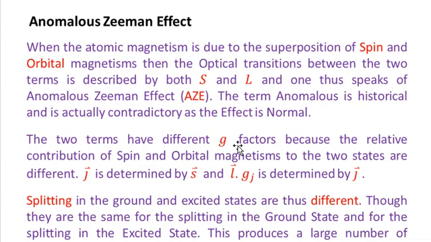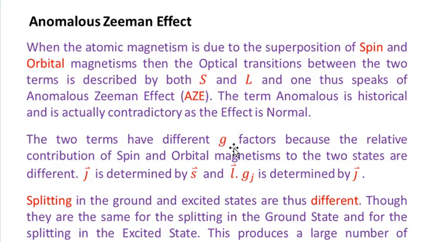And due to that, because the G factor will be different for the lower and upper states, the number of lines will be greater. And that's why we have the anomalous Zeeman effect.